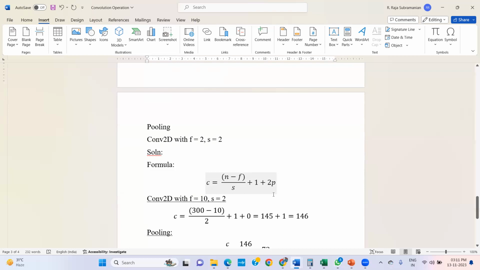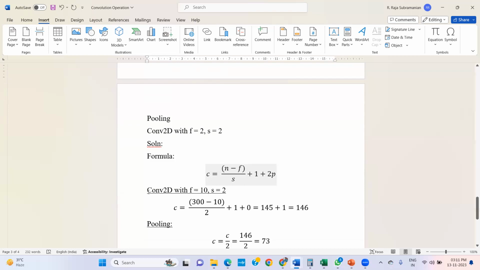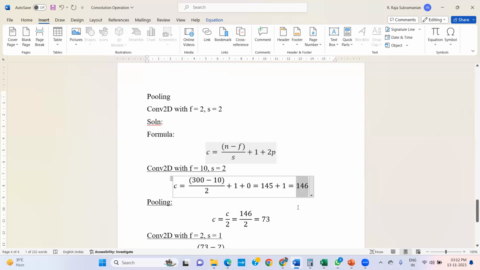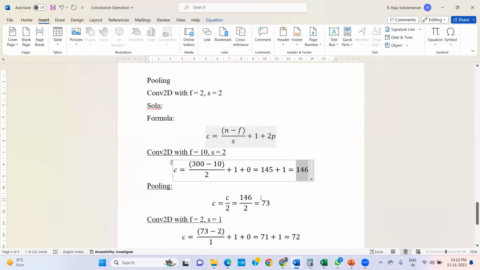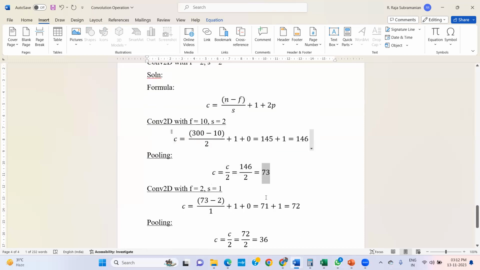I take the first operation, convolution 2D with filter size 10 and stride 2. The original image size is 300. So (300 minus 10) by 2, plus 1, plus 2 into 0, padding being 0, I get 146. Next, pooling, which divides the image by 2, so 146 by 2 is 73. Then again convolution for 73 pixels with filter size 2 and stride 1, so plus 1, I get 72.